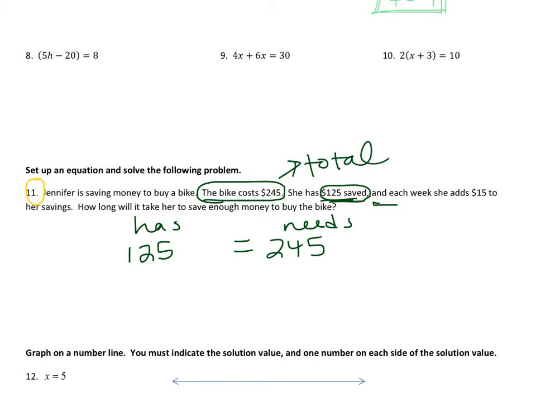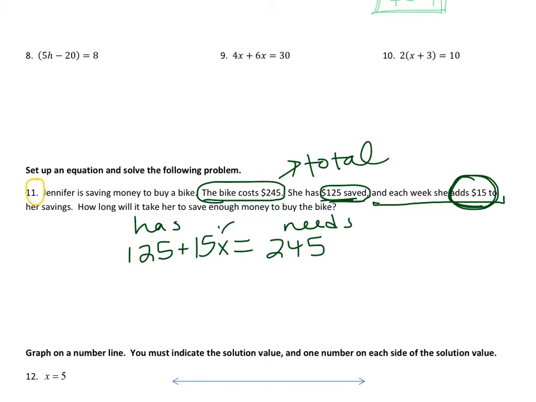And then it says, and each week she adds $15. So to her $125, we're adding $15 each week. So we're doing that 15 multiple times. So that's where our variable will go. So every single week, we're adding $15.